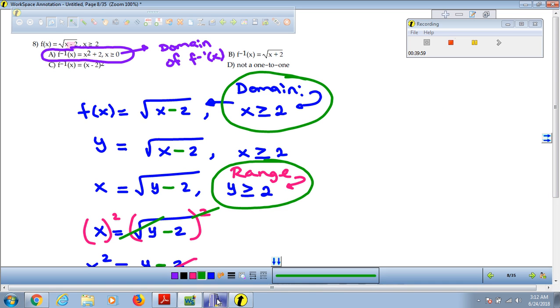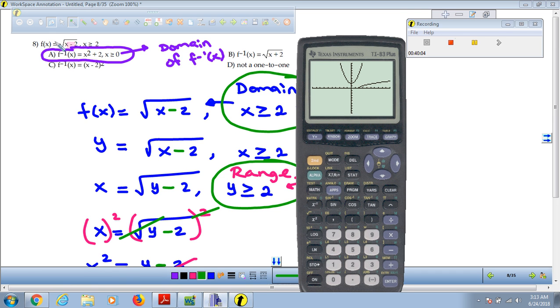So whatever the range of the original is, the square root one, this second one that I drew, whatever the range of this one is, that's the domain of this one, because we're going to erase one piece of this one that we're not supposed to have here. So what's the range for this piece right here?